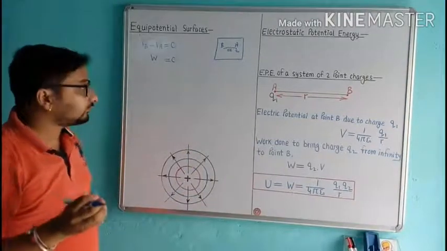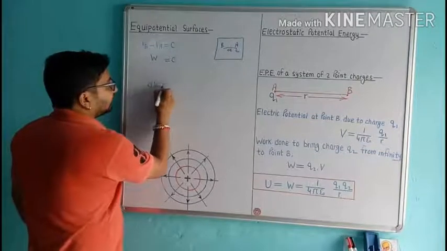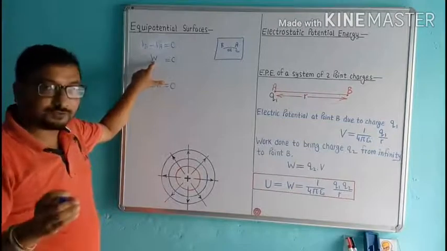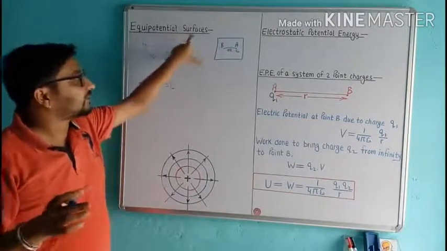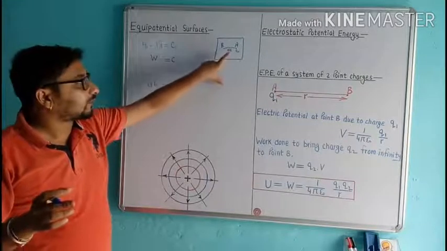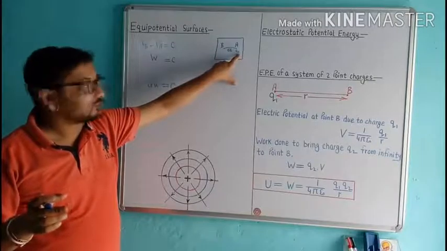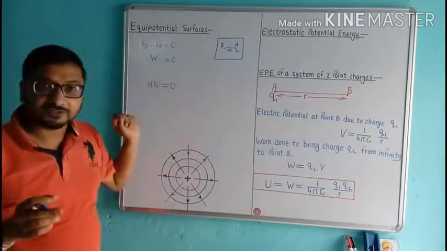Then the small work done will be 0, because we know that there is no need to do work to bring any charge from one point to another on the equipotential surface. So if we move our charge Q naught from point A to point B, the work done will be 0.